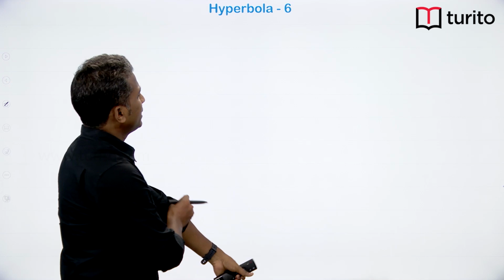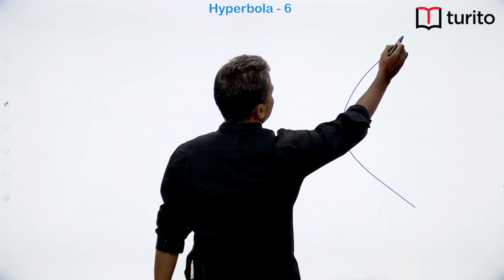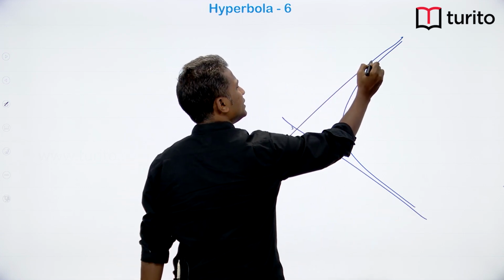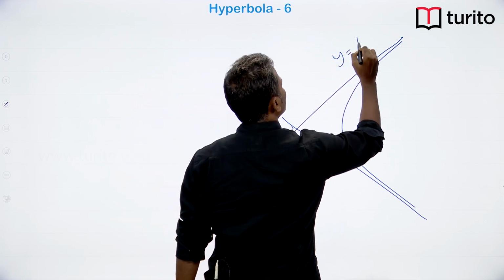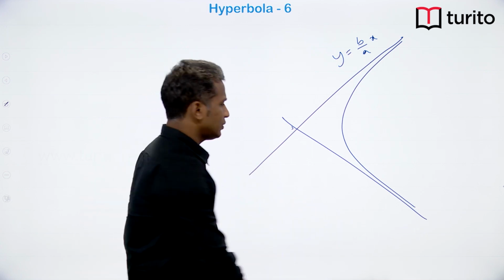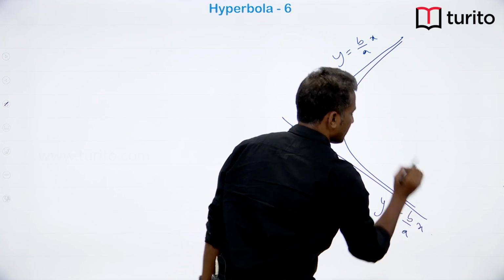Suppose I take one branch of the hyperbola and I have taken the asymptotes here. The equation of this asymptote is going to be y = (b/a)x, and the equation of this asymptote is going to be y = -(b/a)x.